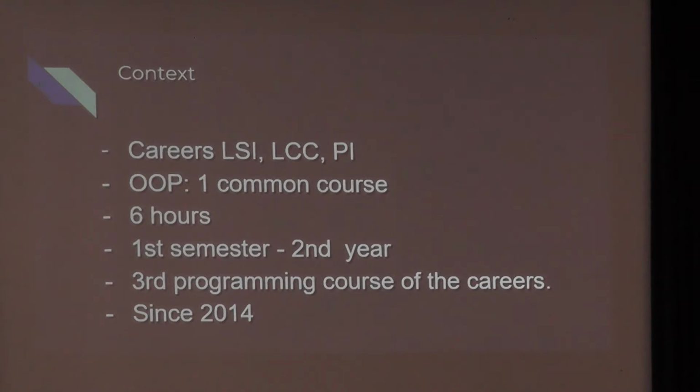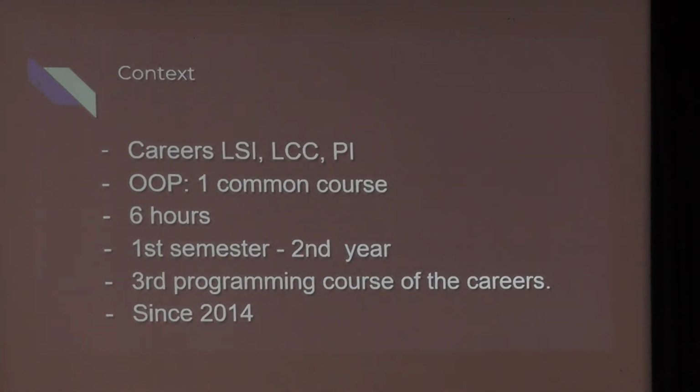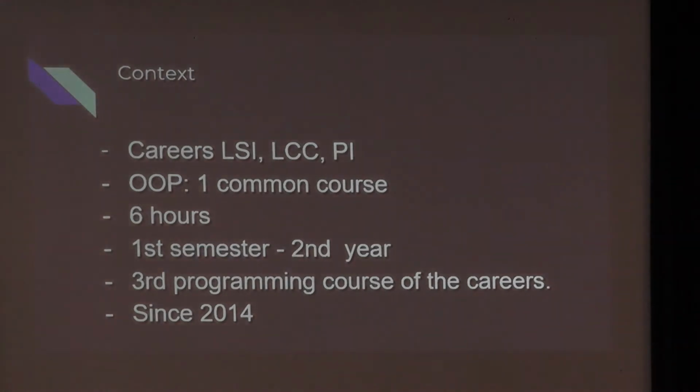The 3 careers have a common course that is object-oriented programming, the 3 in the same course. And we have 6 hours to give that knowledge to the students. That happens in the first semester and in the second year of the career. 6 hours per week, yes, per week. Wow, we are powerful.